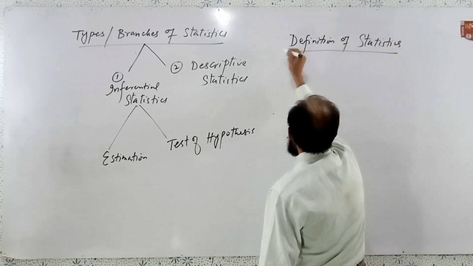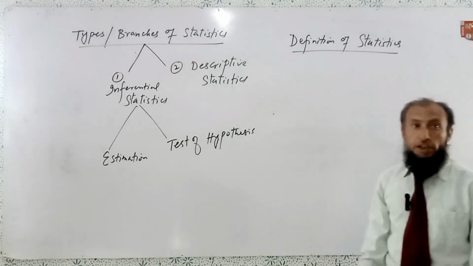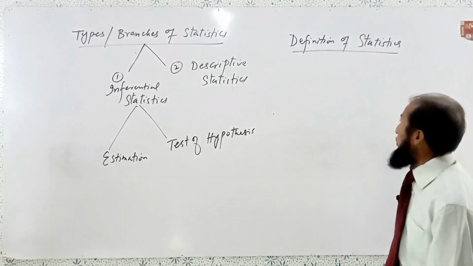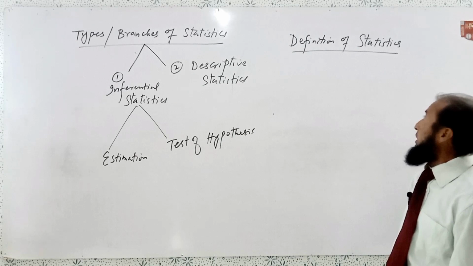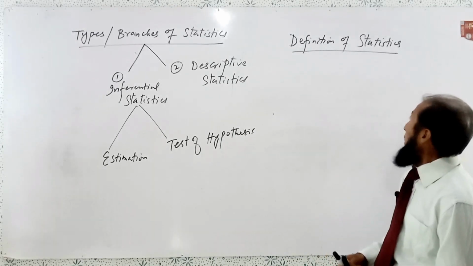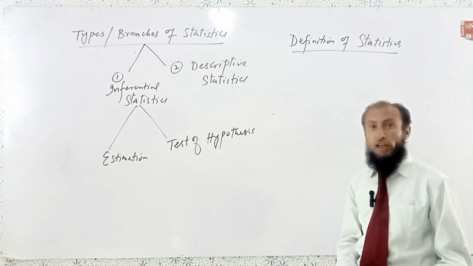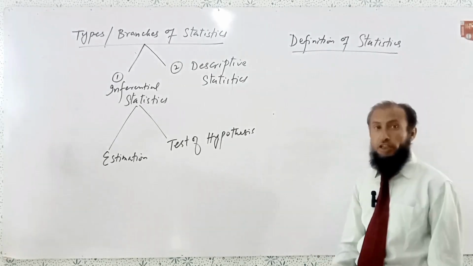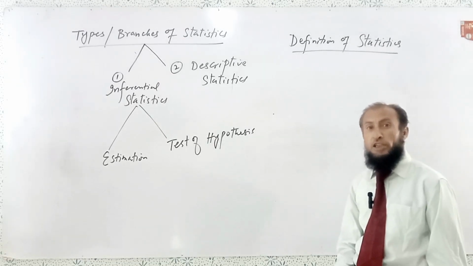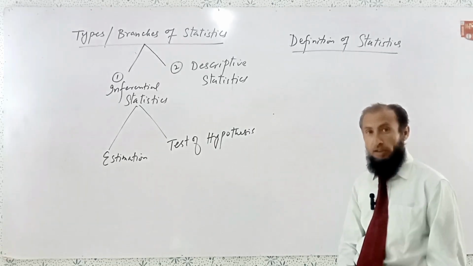Since statistics is a social science, it does not have its own single definition, but everybody has defined it in his own words. Statistics is playing with figures. Statistics are probabilities, and we can also say statistics are estimates.